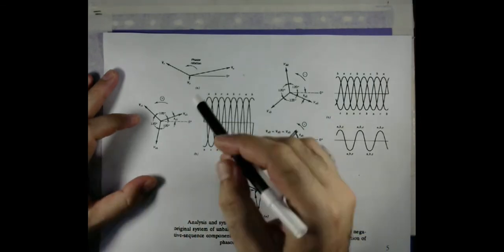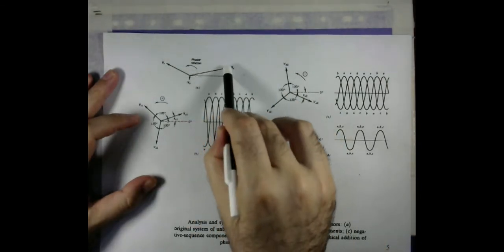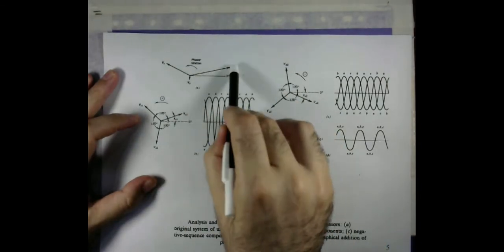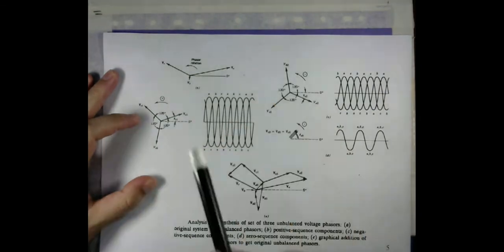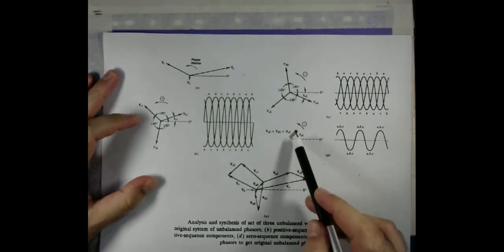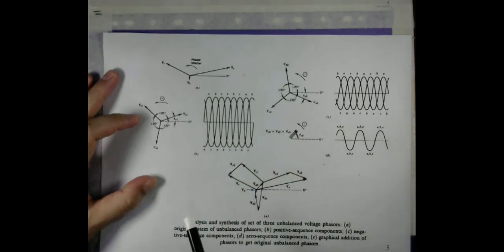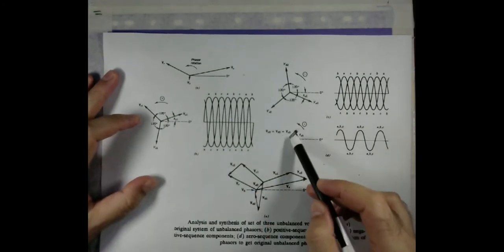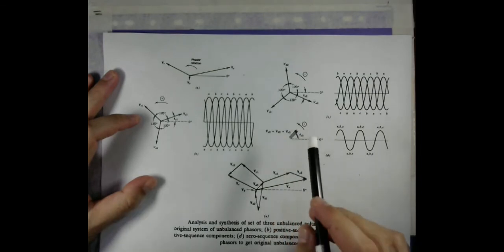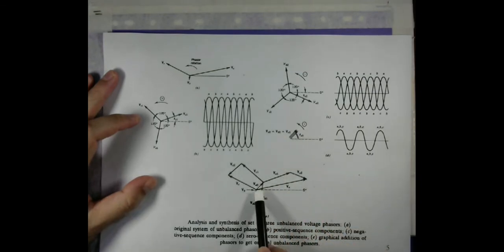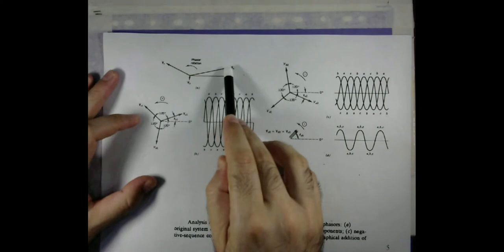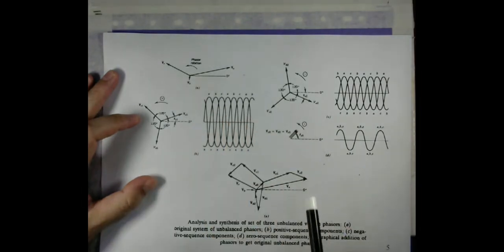If I look here, phase A has this particular direction, and this can be decomposed into 3 quantities. This is the zero sequence quantity, that is the positive sequence quantity, and that is the negative sequence quantity. Because they are in phase, phase A voltage, which is exactly parallel to this one, has three components.